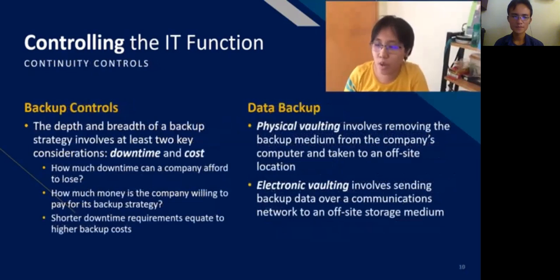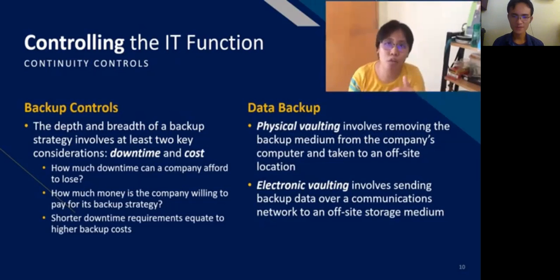Okay, and so lastly, we are down to the last part of how to control the IT functions, which is the continuity controls, and of course the last two are hardware backup and disaster recovery controls. Now, as for the hardware backup, aside from the computer infrastructures that we have, there might be times when we would require a hardware backup for the hardware where we store our data.